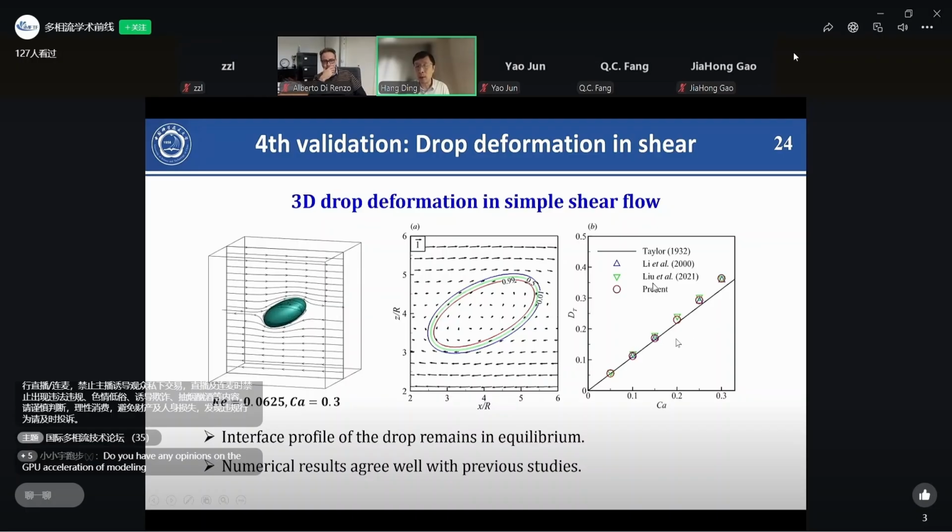So we also compare our results with theoretical solutions by Taylor. For Stokes flow and small Capillary numbers, Taylor got an analytical solution, represented by these solid straight lines. You can see that at very small Capillary numbers, our results are in good agreement with the theoretical analysis. When the Capillary number increases, it gradually deviates because the series fails. We also agree with other benchmark solutions from other researchers here.